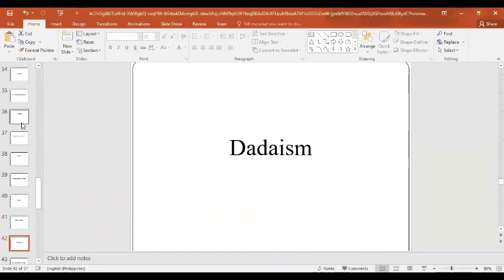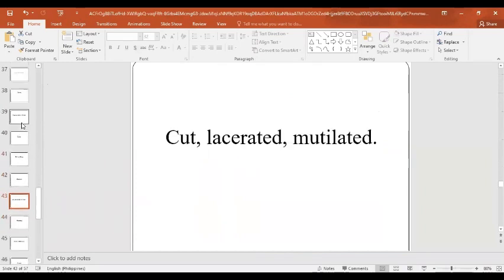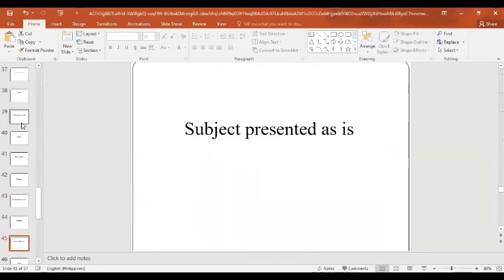We have Dada or Dadaism. How about may tinatawag tayong cat, lacerated, or mutilated? Part siya ng abstraction form na not so familiar sa painting, but it can be seen sa movies, sa theater. What is this? We have mangling.